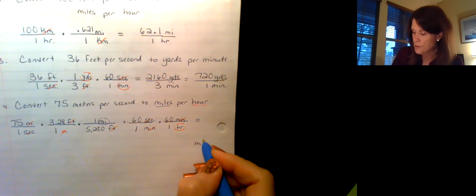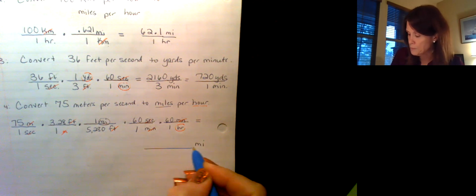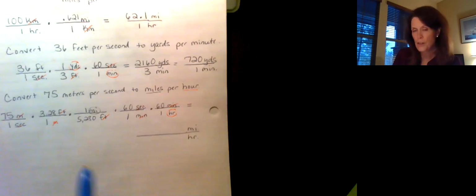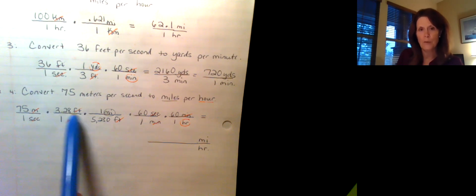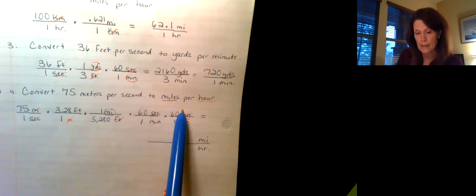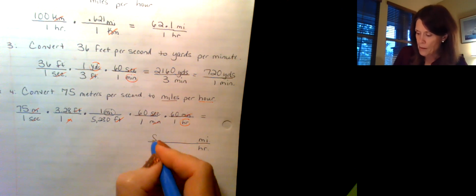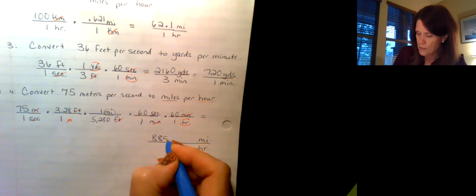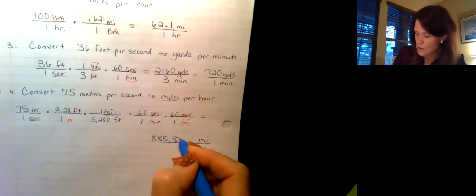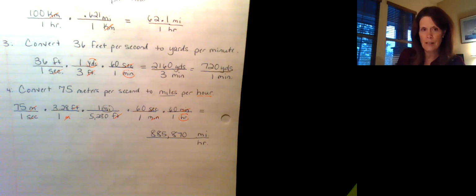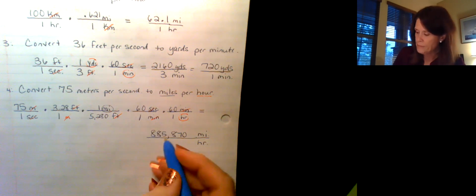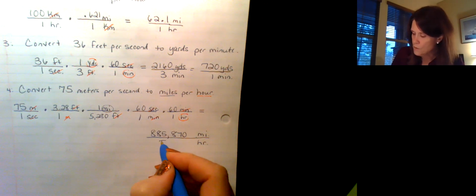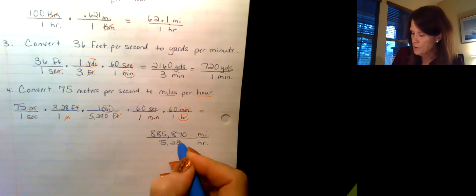I'm going to put this down here since I've run out of room. And I use a calculator, which I should. 75 times 3.28 times 1 times 60 times 60 is 885,870 miles in 1 times 1 times 5280 times 1 times 1 over 1,280.